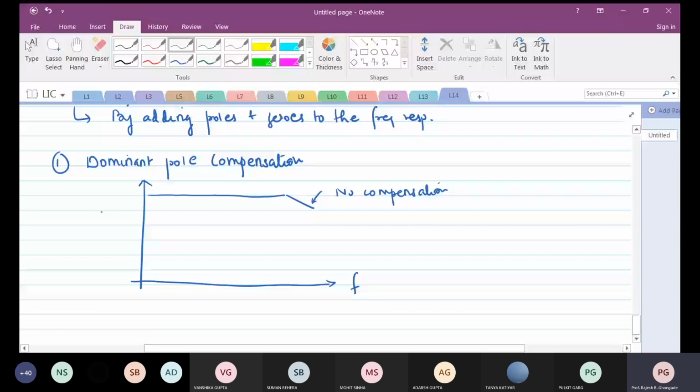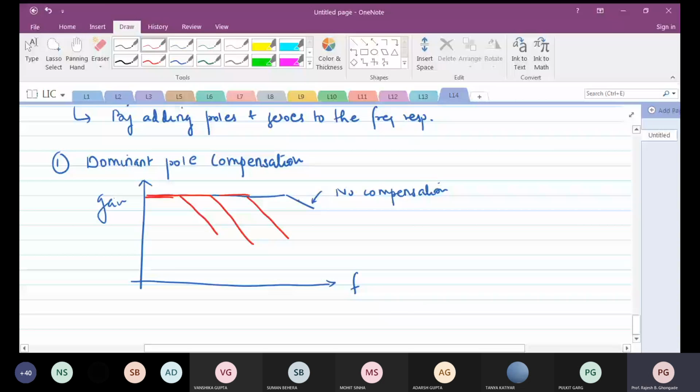And what we do is using different capacitors, we add some certain poles. So either we add a pole and get a frequency response which is much lower, like this. This one is at, say, C1.